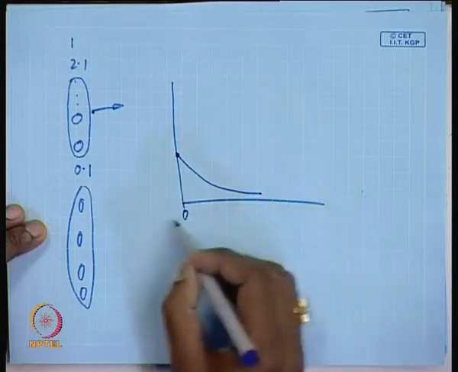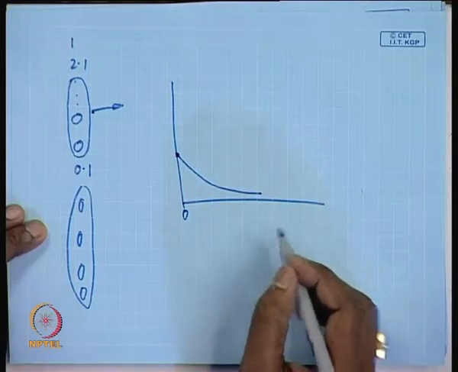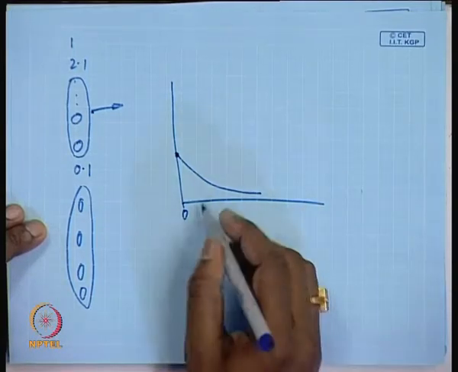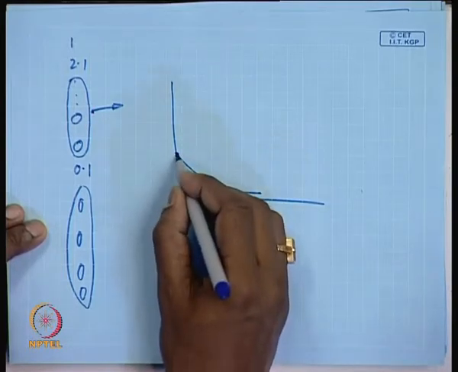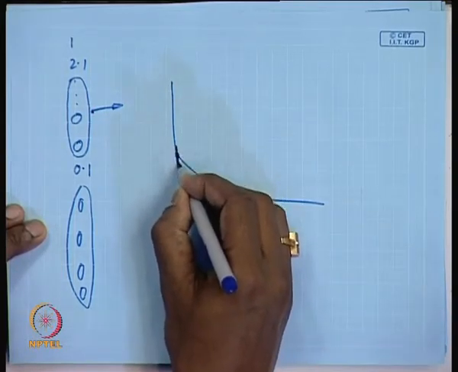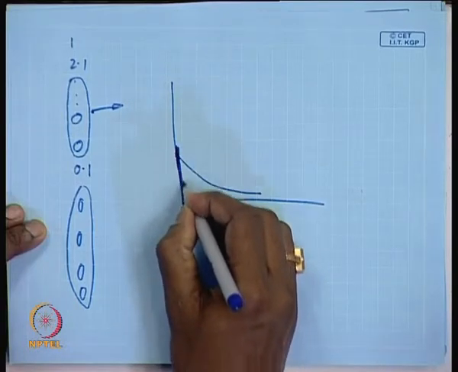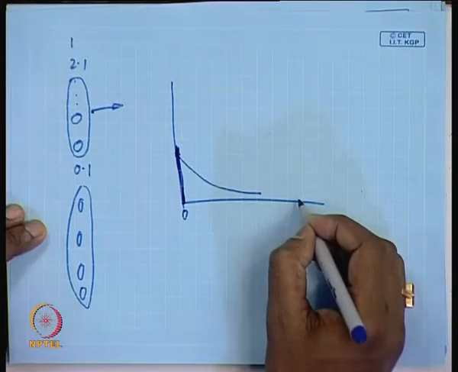And obviously the more the magnitude of rainfall depth, the density will come down. So this is one example where some probability is concentrated here and the density is coming down.